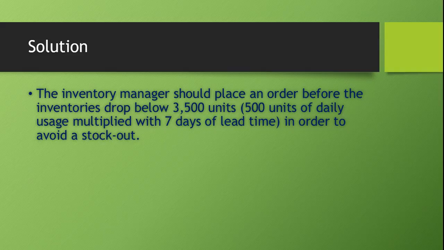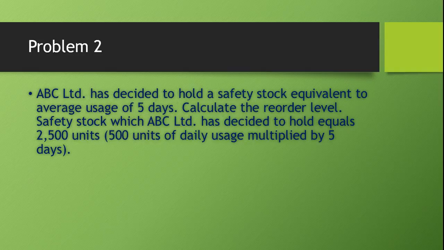So it becomes 3500 units. Now further to the problem, if the company decides that they want to keep a safety stock of 2500 units, meaning they want to keep a safety of 5 days.